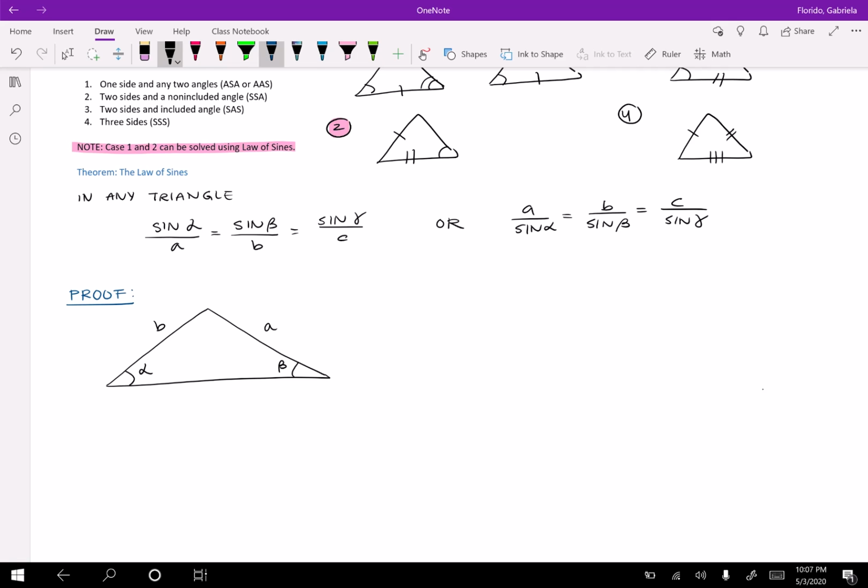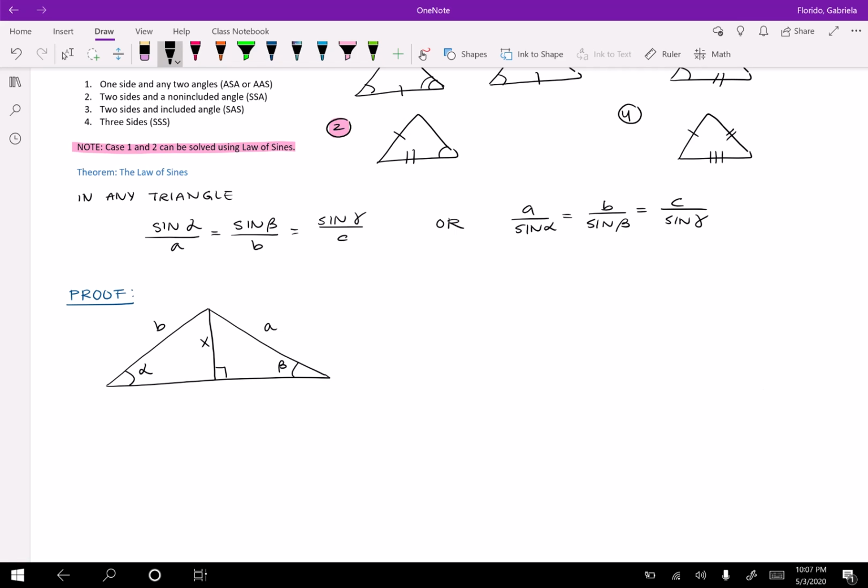So what I'm going to start doing is I'm going to drop this perpendicular line and make this a right triangle. And the reason why I'm doing that is because, again, we want to find sine. And in order for us to find sine of an angle, we want to talk about a right triangle. And so I've created this right triangle here within this triangle, and I'm going to call the length of this perpendicular line that I created x.